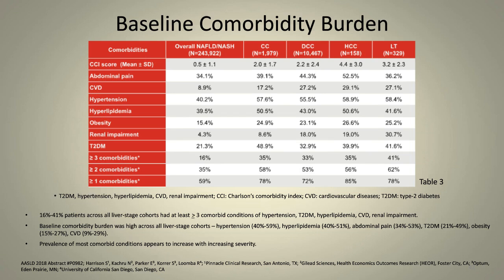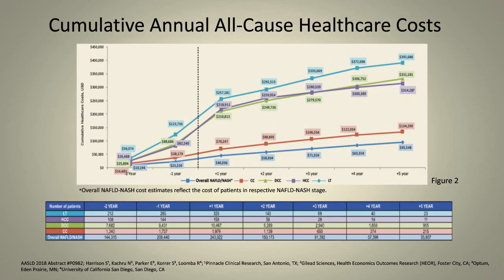So this is kind of the money shot, if you will, the cost of healthcare delivery. And ultimately, what we see is that from pre-index to post-index, the cost of healthcare delivery rapidly rises. If you were just looking at cirrhotic patients that haven't decompensated yet, over a 5-year period of time, the healthcare costs rise to about $134,000.